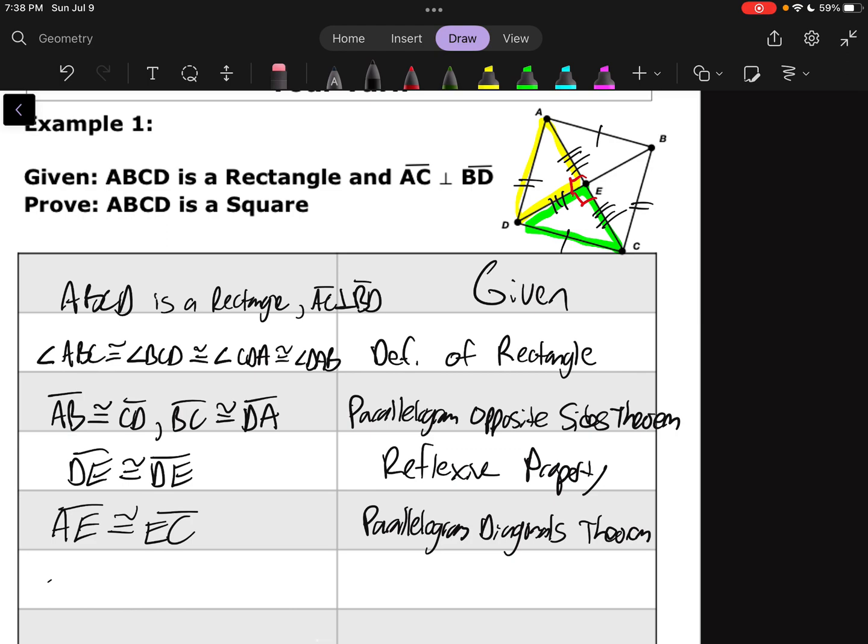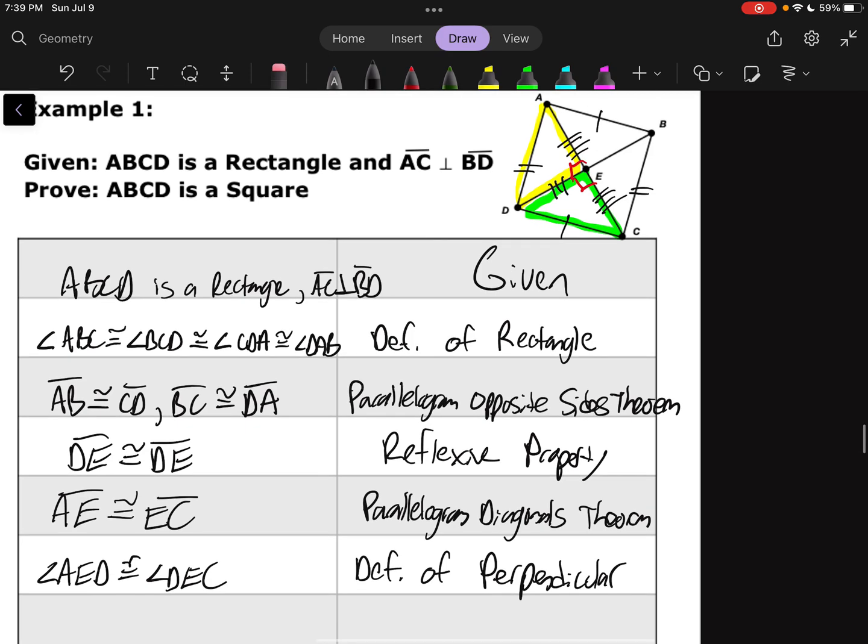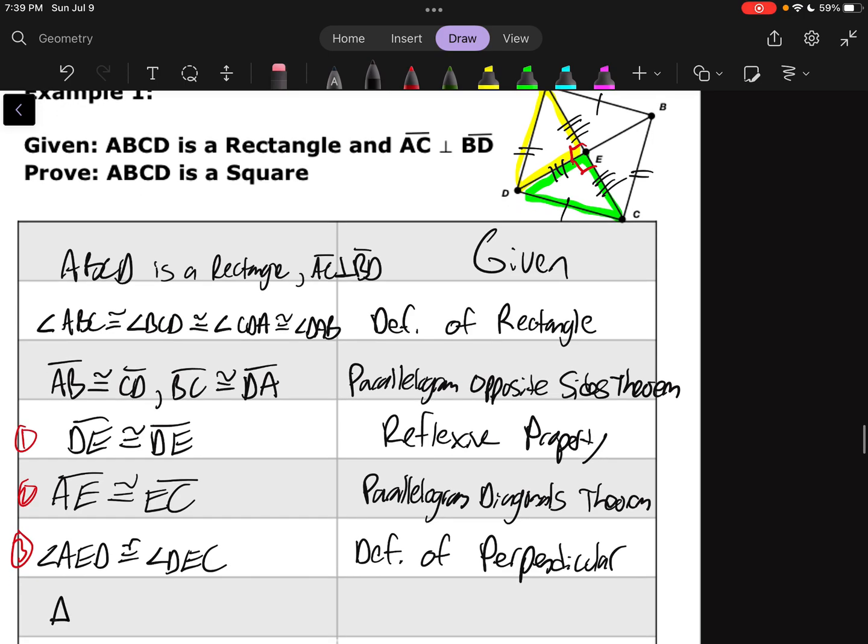So I'm going to say that angle AED is congruent to angle DEC by definition of perpendicular. Okay, and that gives me my three congruent things, 1, 2, 3. So those triangles should be congruent. So triangle AED is congruent to triangle CED by side angle side.